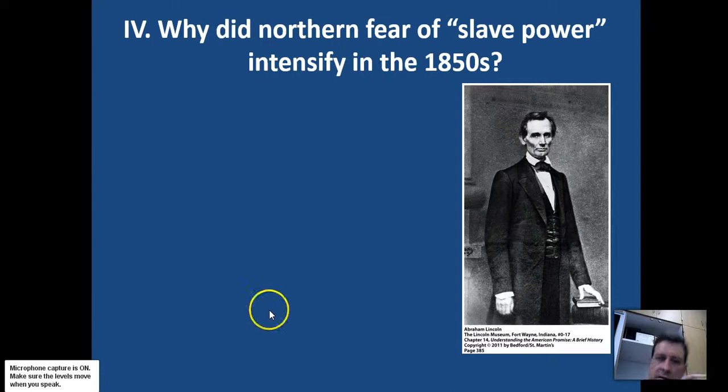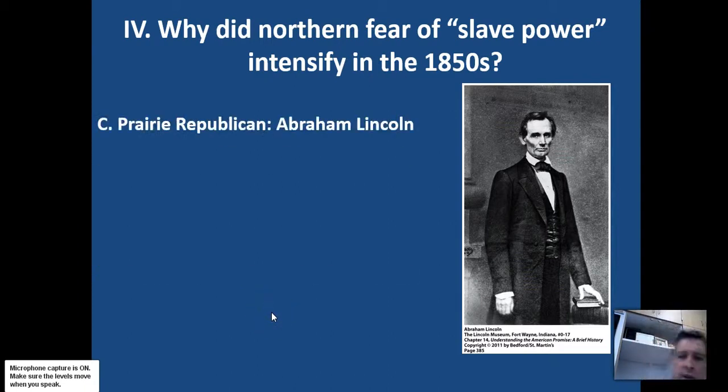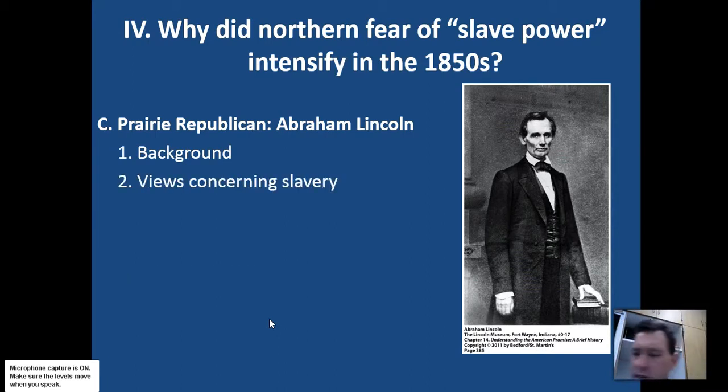and into this comes a very prominent young politician named Abraham Lincoln. Abraham Lincoln, the famous log cabin background, earned good money as a lawyer, but eventually decided upon politics. His views concerning slavery were, for his time, moderate racial views, I would say.